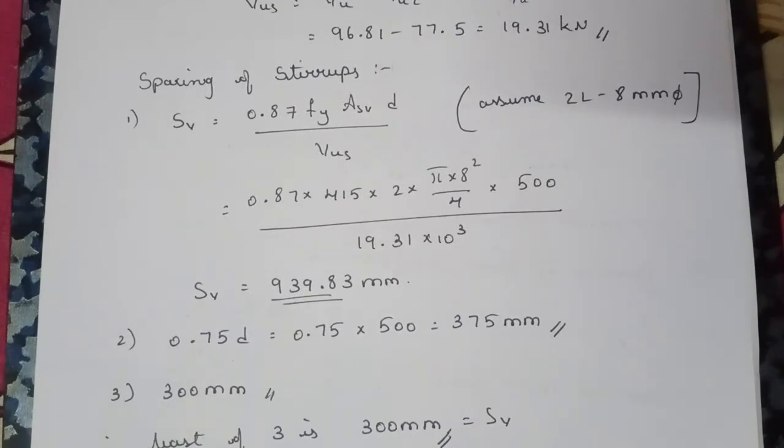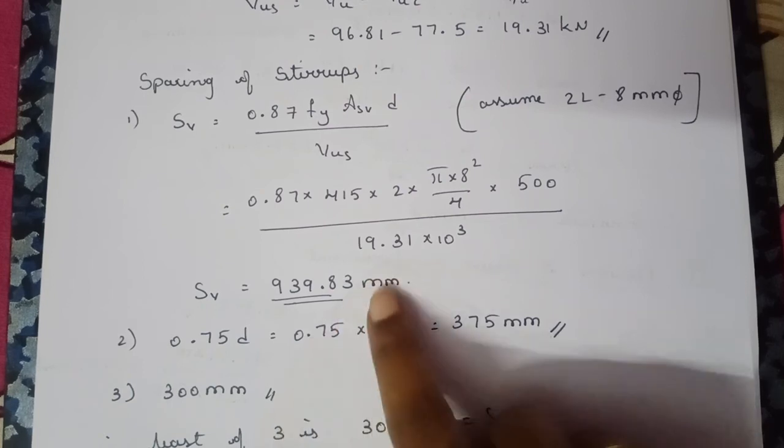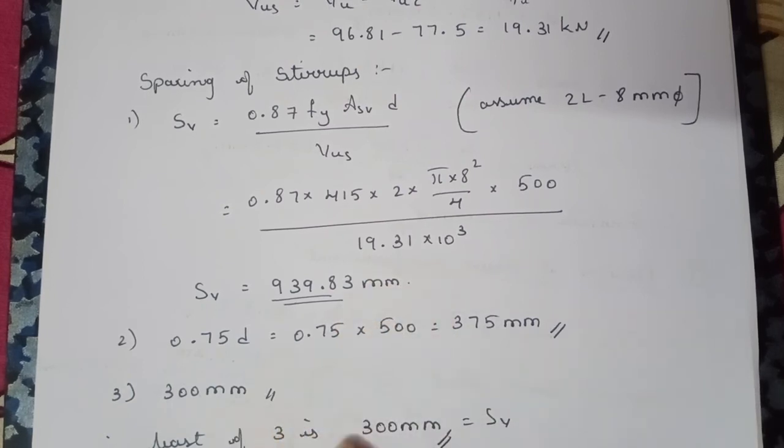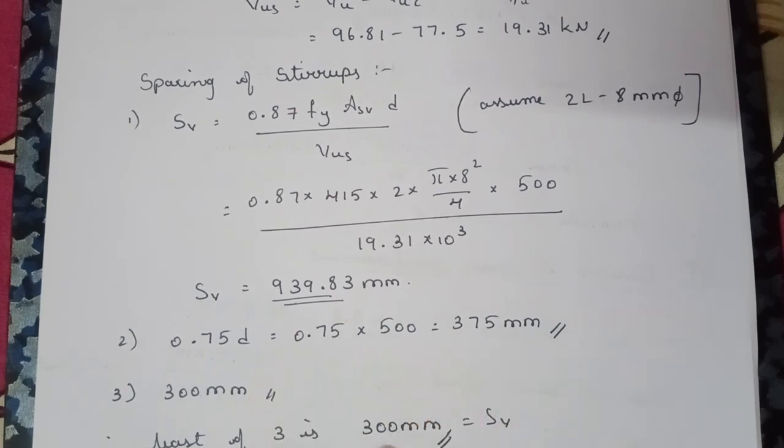To calculate the spacing, we have the 3 major checks here. One is the spacing what we calculated. Second one is 0.75 times of D. Then comes 300. Whichever is least of these 3, that should be the spacing. When you compare with these 3, 300 is the least one. So we need to give 300 mm as the spacing.